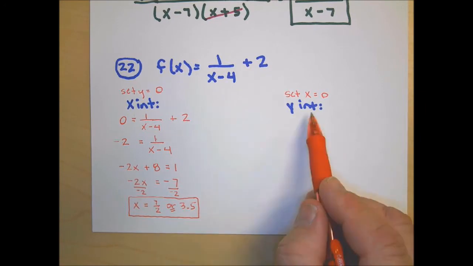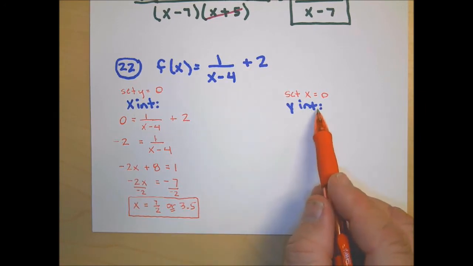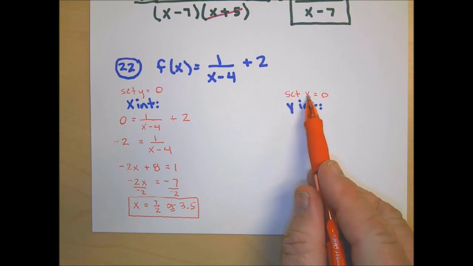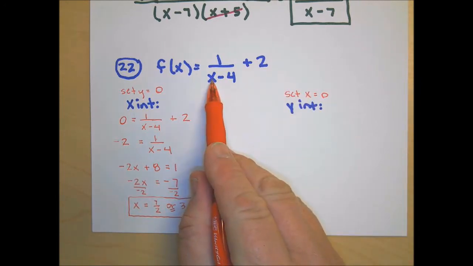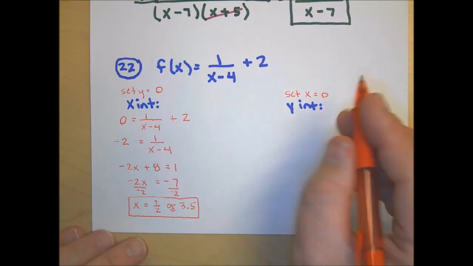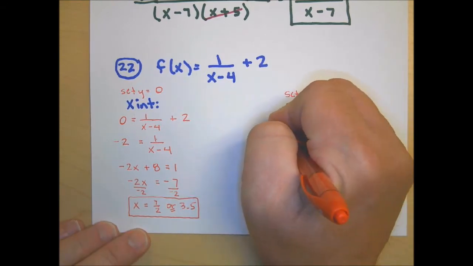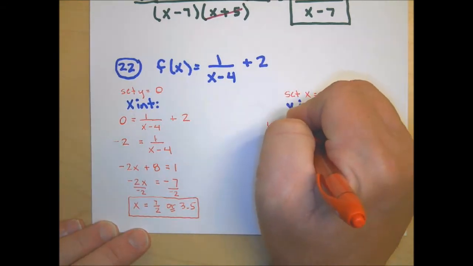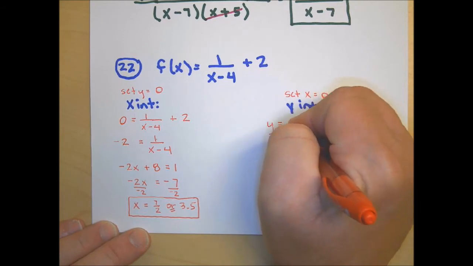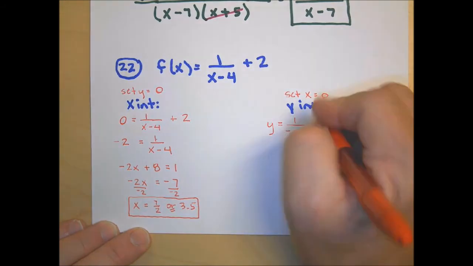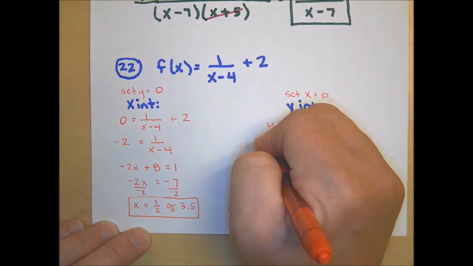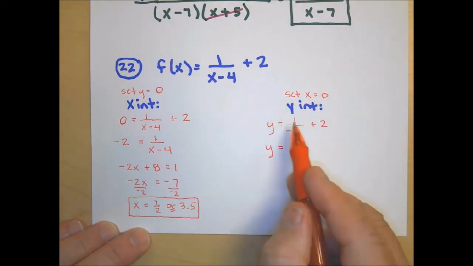Now we're going after the y-intercept. So for the y-intercept, we need to set x equal to 0. So that x right there needs to become 0. And we'd have the equation y equals 1 over negative 4, because 0 minus 4 is negative 4, and then plus 2. So y equals 1 over negative 4.